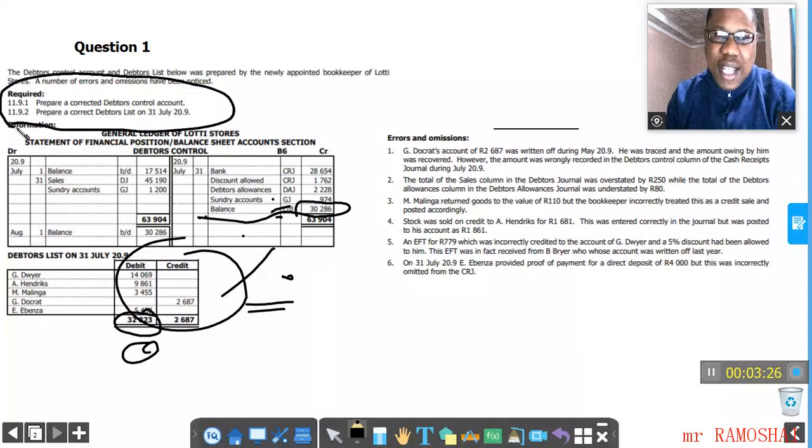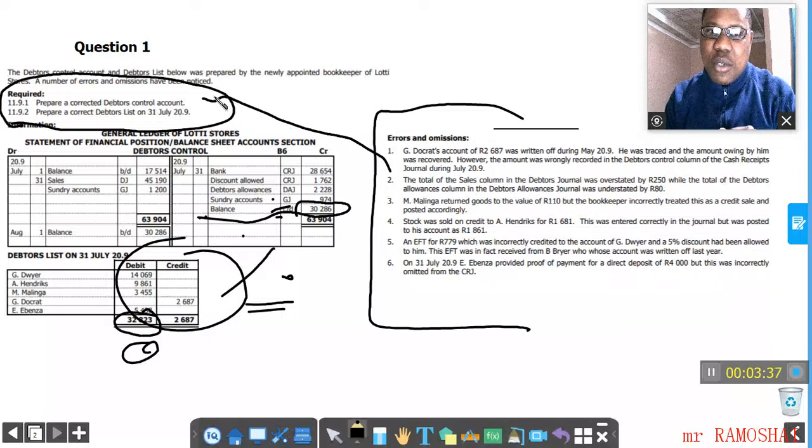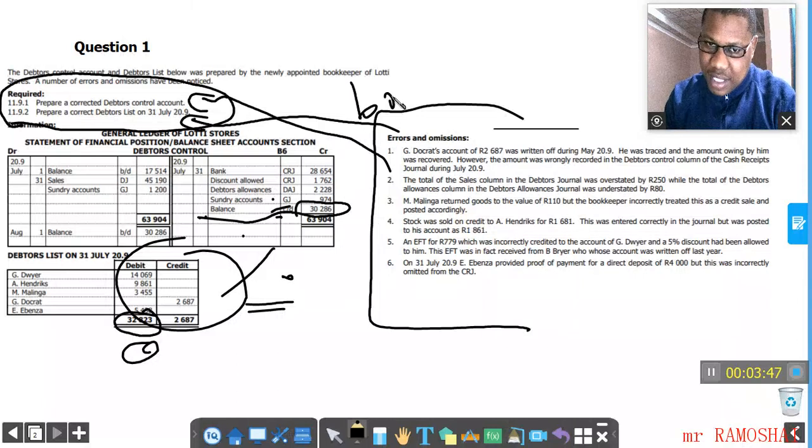You can answer them simultaneously. Understand, guys? When you look at these errors and omissions, they are not only made on the debtors control, and they are not only made on the debtors list, but they affect both.